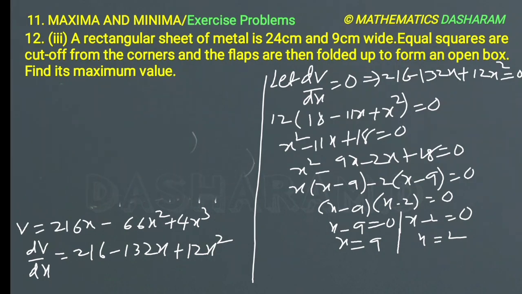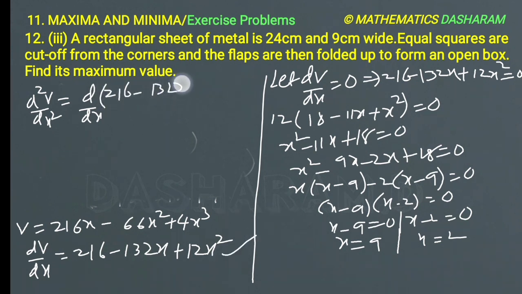To verify that, find d square V by dx square. It is equal to d by dx of dV by dx. dV by dx is 216 minus 132x plus 12x square. So 0 minus 132 into 1 plus 12 into 2 is 24x.